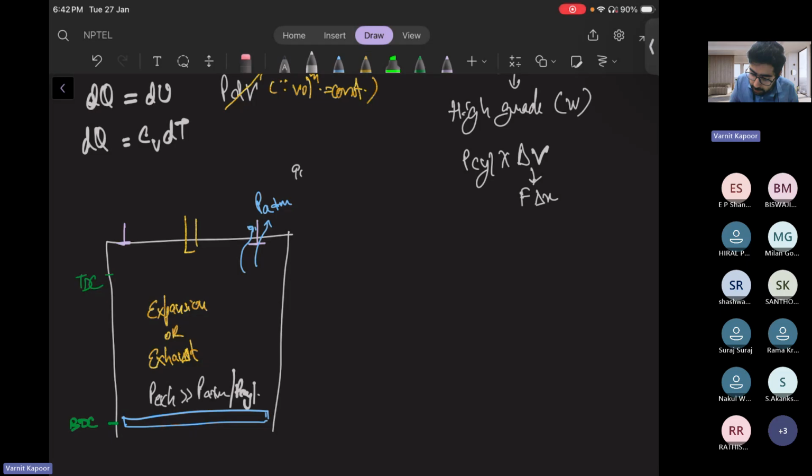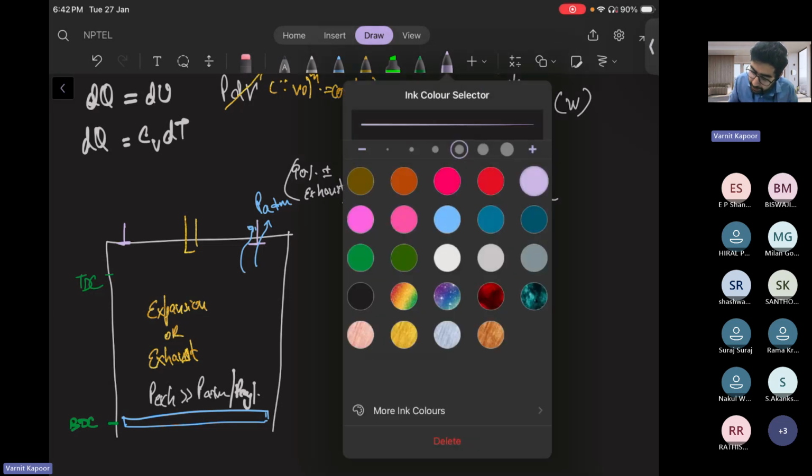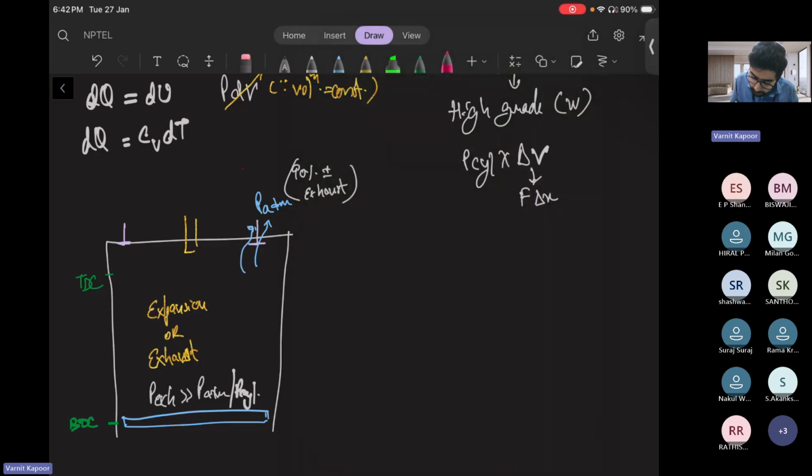Let me write 90% plus minus, exhaust has escaped out, and here the heat has been rejected at constant volume. Heat rejection at constant volume.